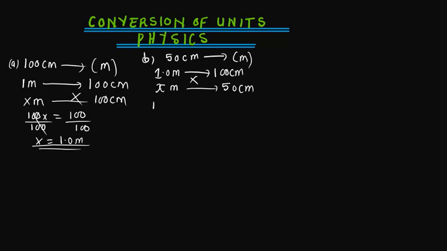We cross multiply, this is going to be 100x equal to 50.00. Then of course, if we cancel, we are going to have 0.5 meters. So this is just how we convert centimeters into meters. That is very simple.